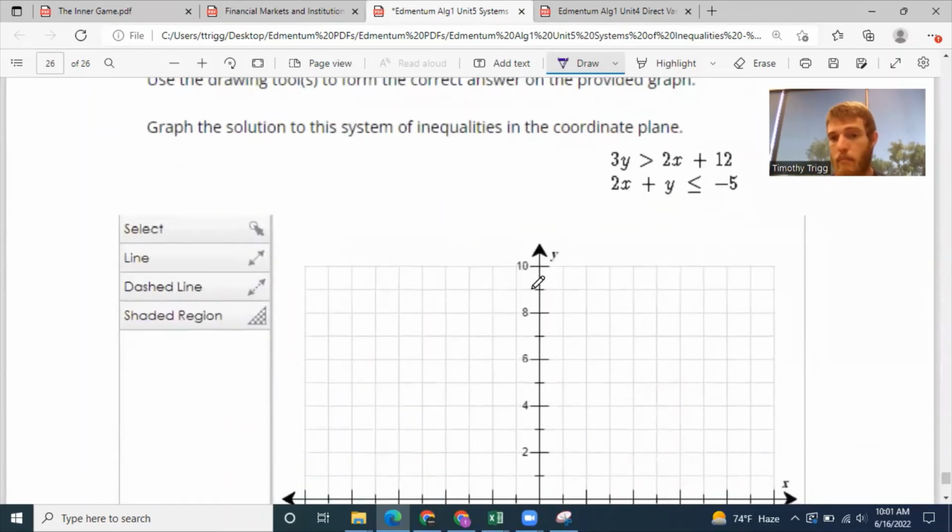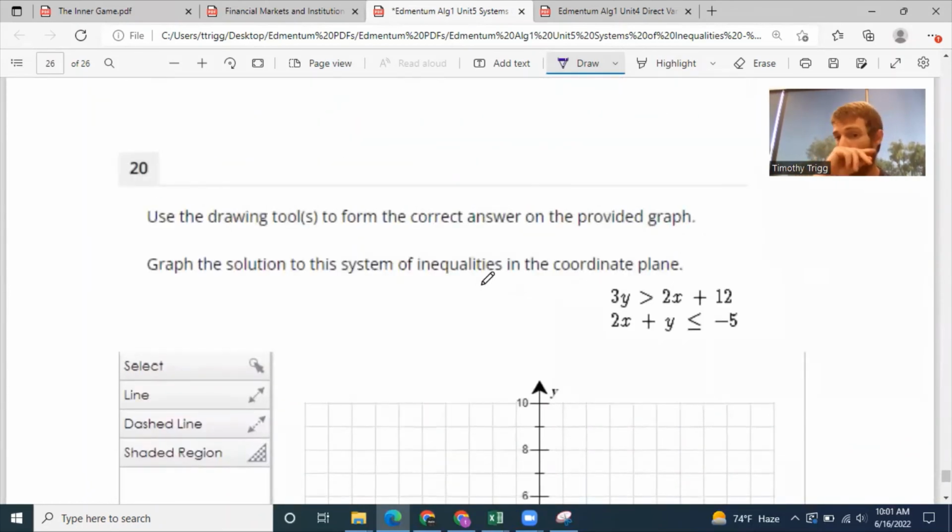This one's pretty much the same as the last one. We want to draw the two inequalities on the graph below. For both of these, I want to get them in the form y equals mx plus b, the slope-intercept form. We want to get y by itself in both of these inequalities. For this first inequality, how would I get y by itself?